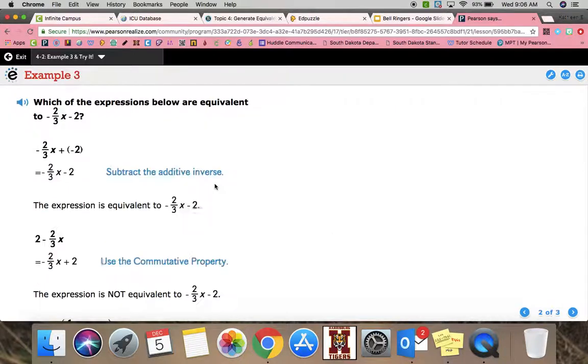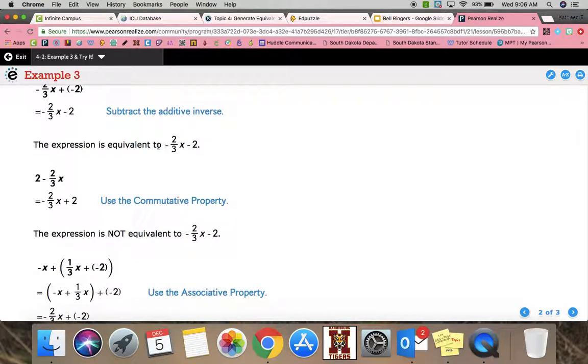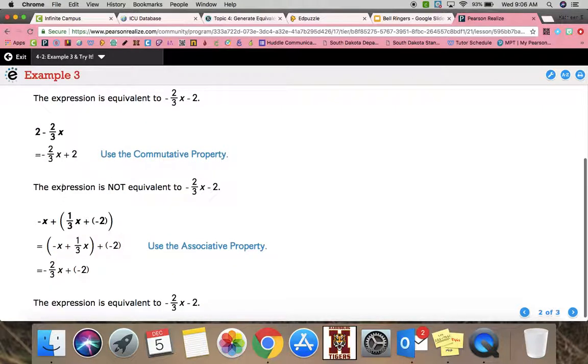So this is explaining why they are the same, right? Subtract the additive inverse, that's what we said. Subtracting is the same as adding the negative. This one, we could use the commutative property, so we reorder them. So we have negative 2. This would have to be negative 2 for it to be the same, and it's not.